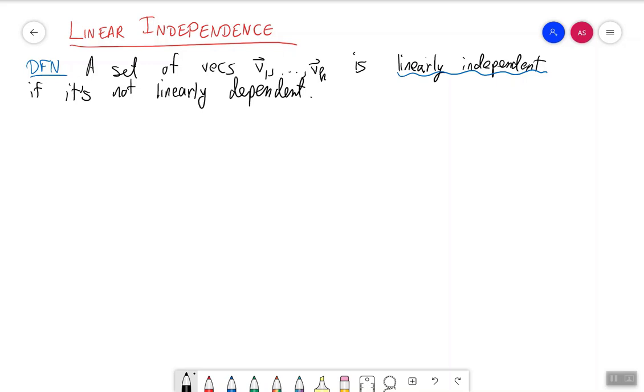So note that this is equivalent to saying that the system c1 v1 plus dot dot dot plus ck vk equals 0, where I'm solving for c1 through ck, has only the trivial solution.